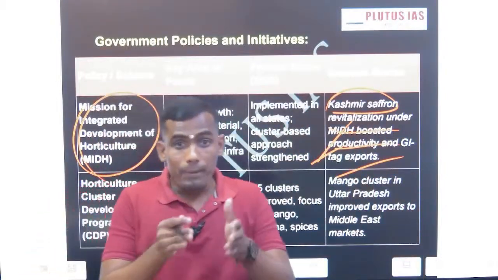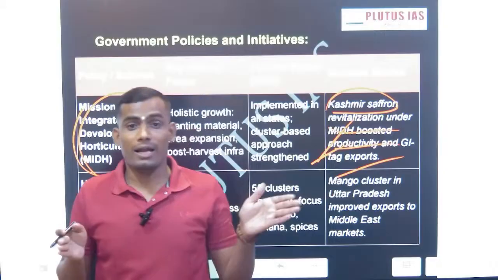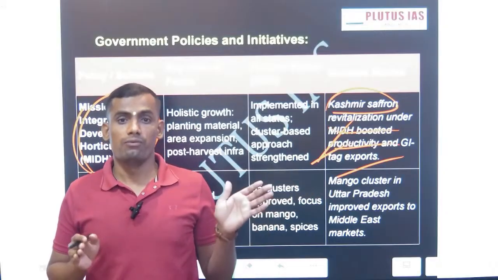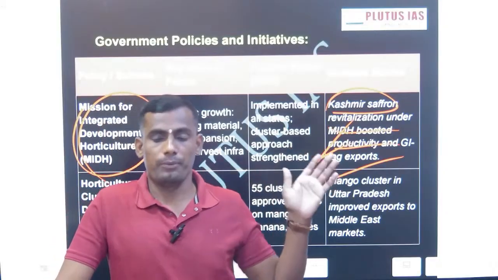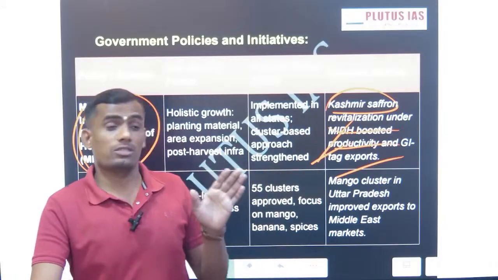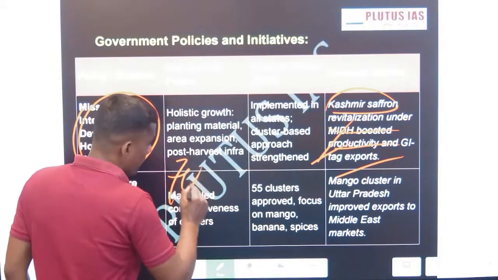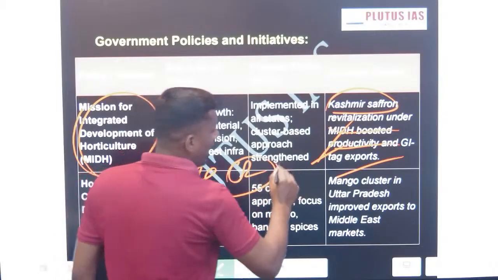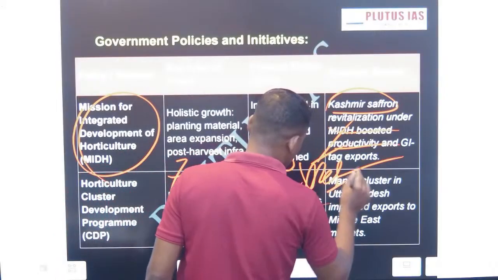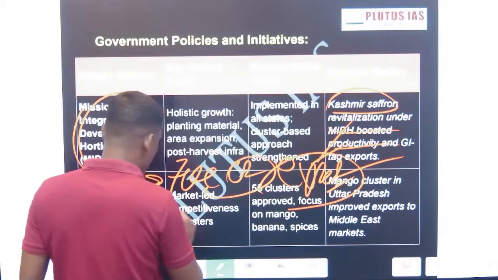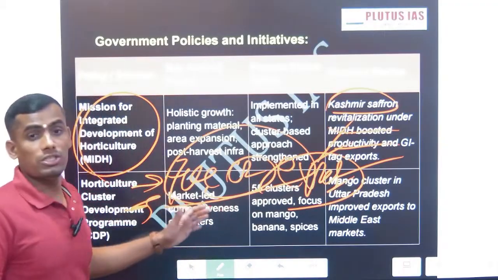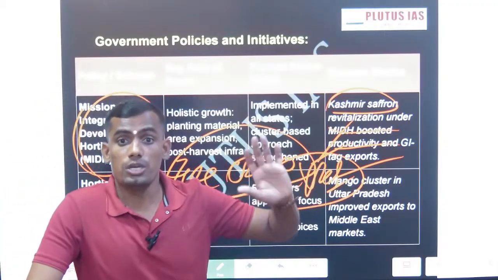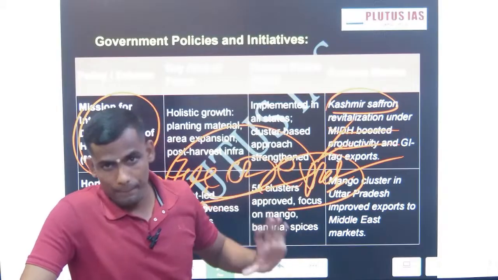If you see apple production, and recently due to the heavy flood, heavy rainfall in the Kashmir area, around 700 crore of export-bound apples got deteriorated. This is one of the challenges. I will discuss the challenges later, but this is the potential of India, Jammu Kashmir saffron and apple.